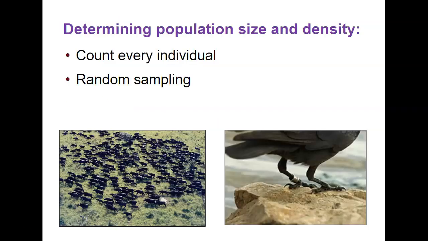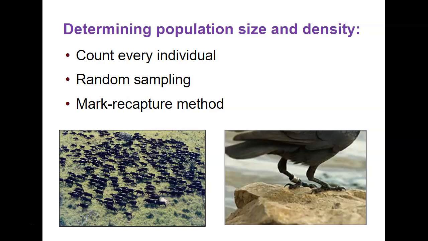Okay, so ways in which you can actually count this stuff. You could count every individual, which in a small area, that's not a bad thing. But with larger populations or larger areas, it becomes a little bit unmanageable. So other ways in which we do this are random sampling.